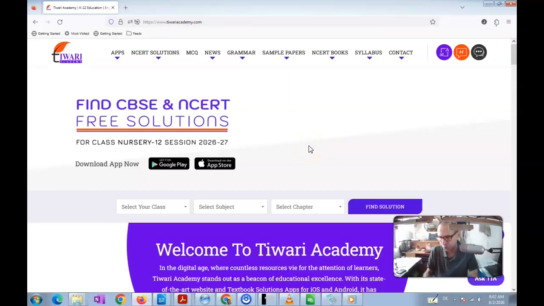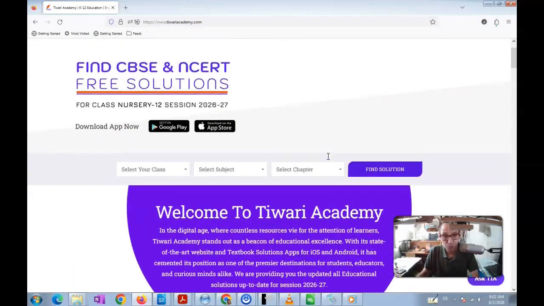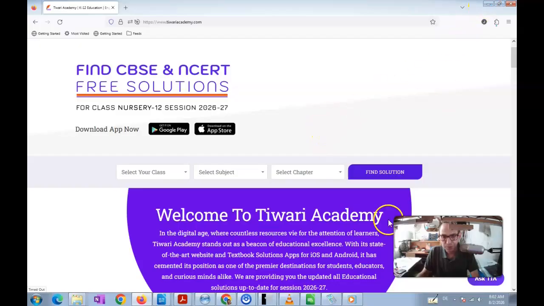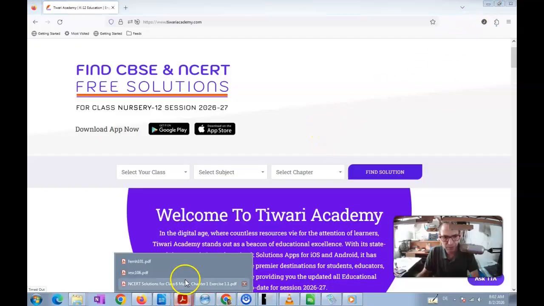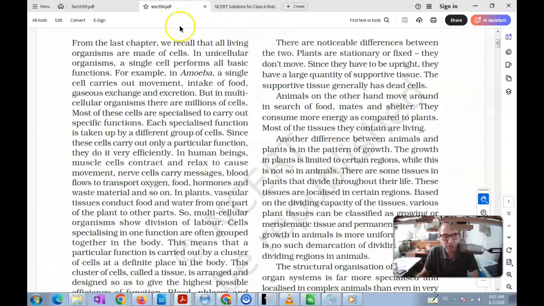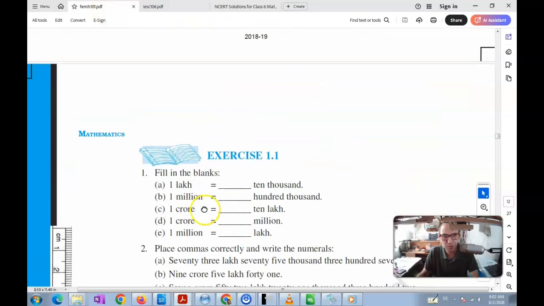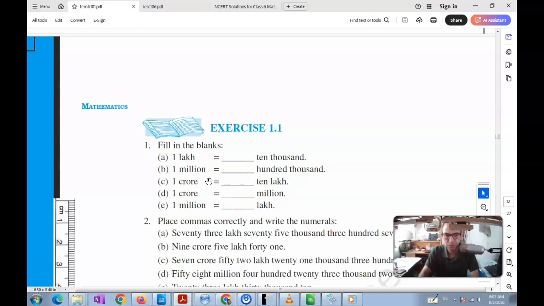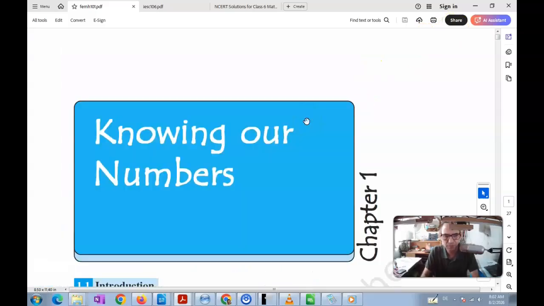Okay, so when you come over here, for example, this chapter that we are working on right now is chapter 1. This is chapter 1 of class 6 mathematics, and the title of the chapter is Knowing Our Numbers.